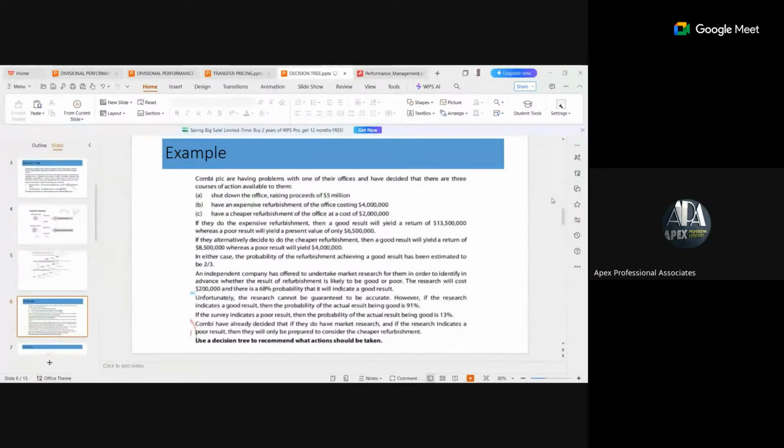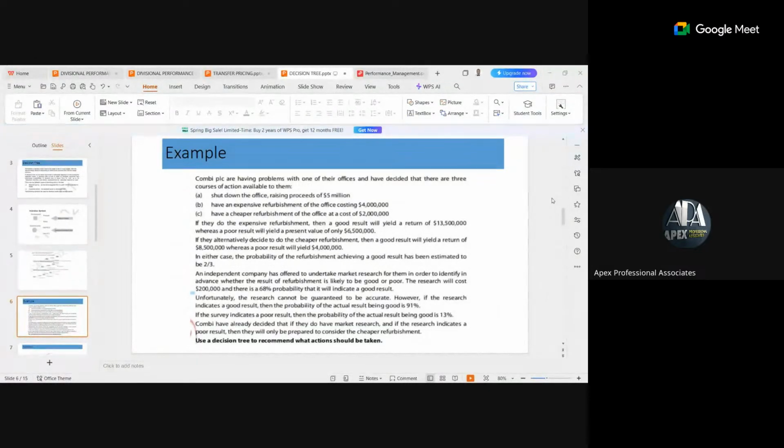So I just want to explain this before I present the solution, because when you look at the solution, you can get confused. So let's explain very well. The first decision they have to make, they have 3 options: to shut down. When they shut down, they'll get a return of 5 million.